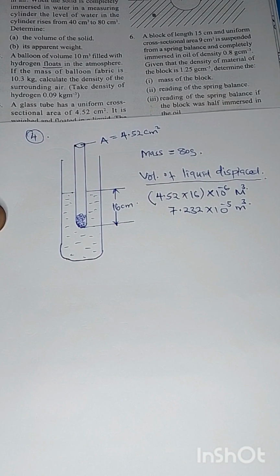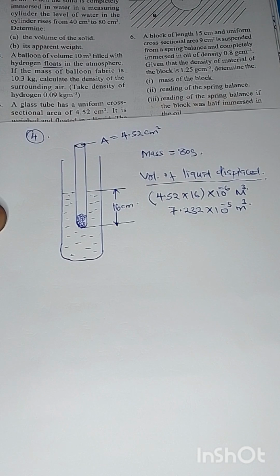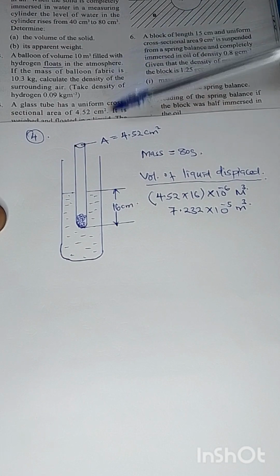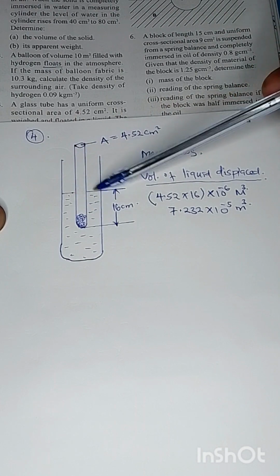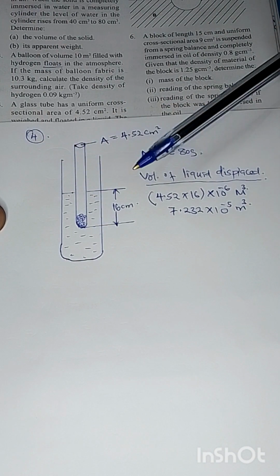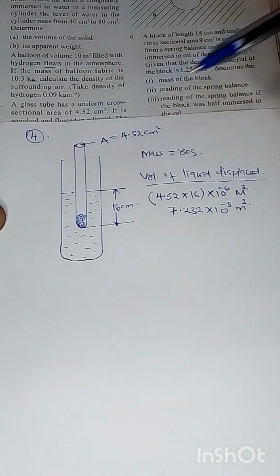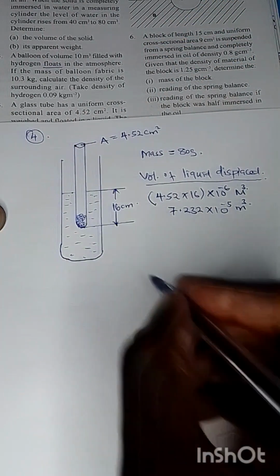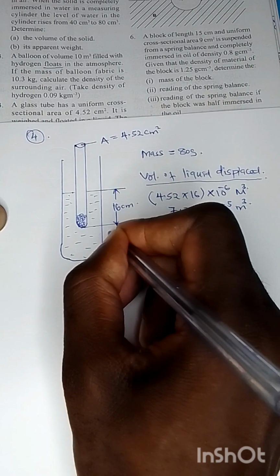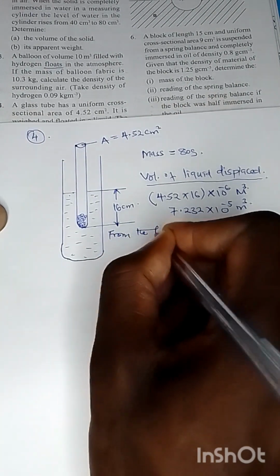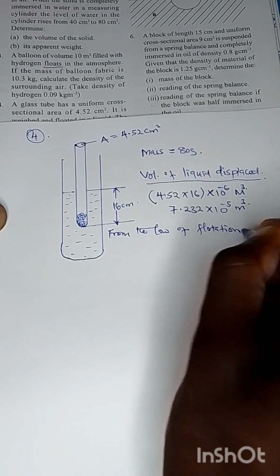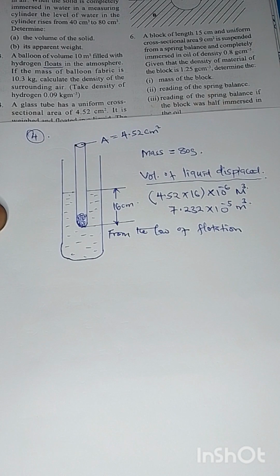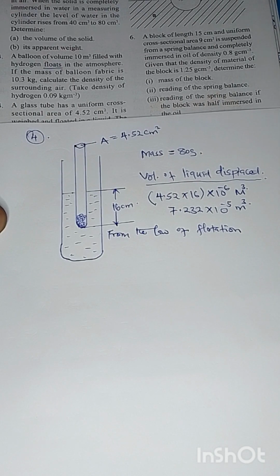Okay, and then after that, because I'm told that this tube is actually floating, with part of it inside and part of it outside, from the law of flotation, a floating body displaces its own weight of the fluid in which it floats.